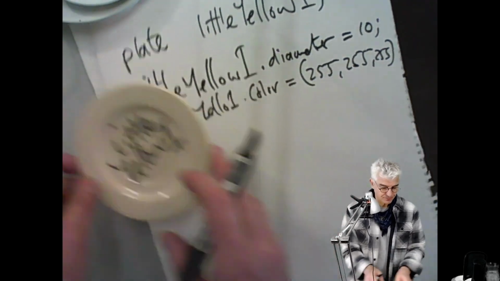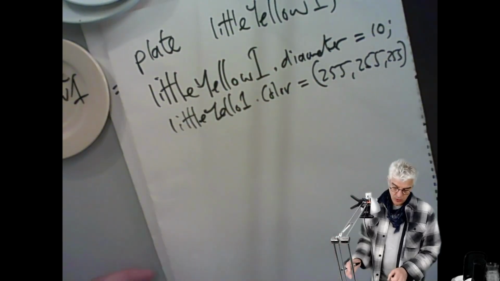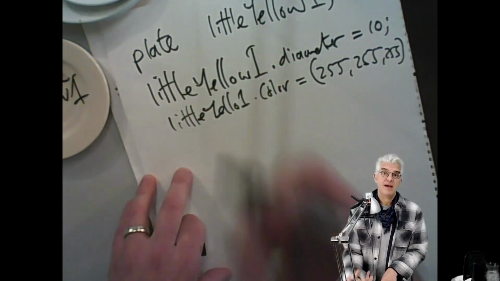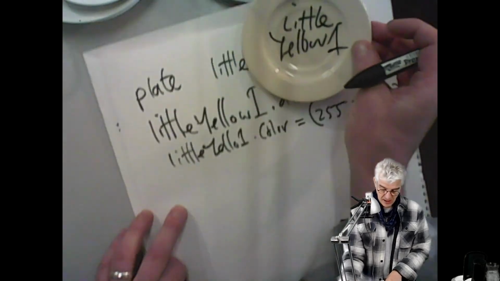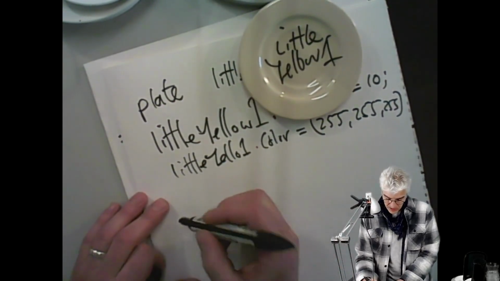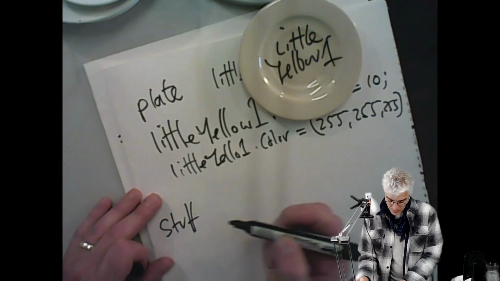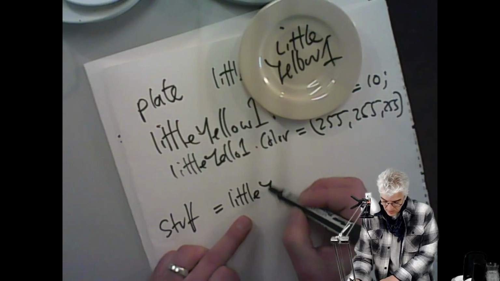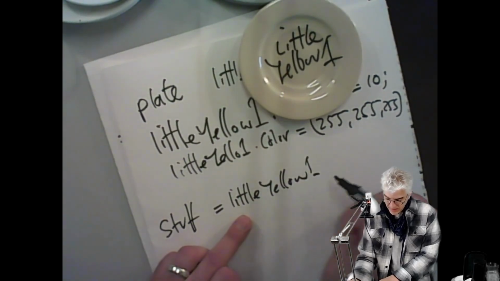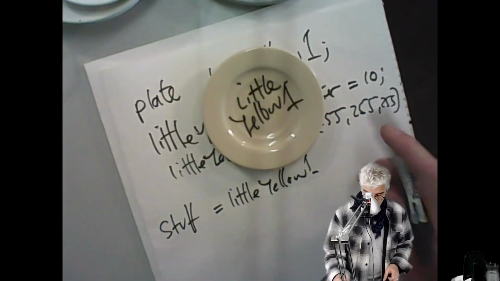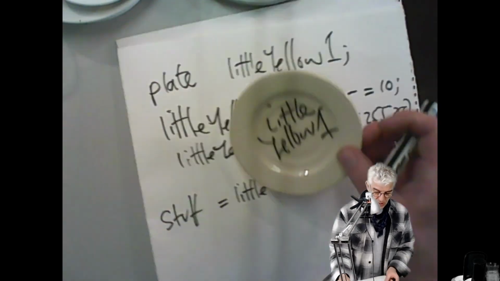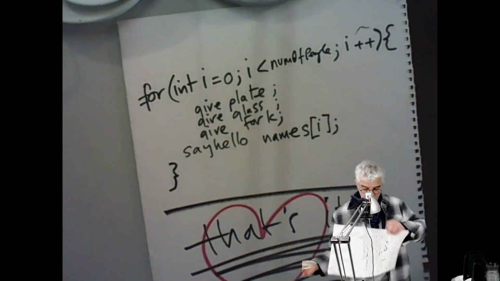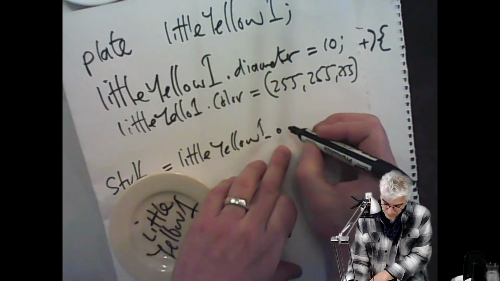What I can also do is I can ask the plate what's on it, because it's a function or a method that that plate understands how to perform. So I can say, I'm going to make a variable called stuff equals little yellow 1, so I'm talking about this specific plate, dot, and the method that I wrote was get contents.